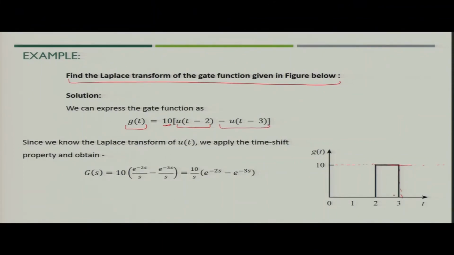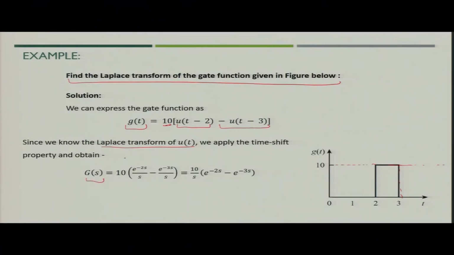So, the function is a combination of two unit step functions, one delayed by 2 time periods and the second delayed by 3 time periods. So, you can now just take the Laplace transform of both of the unit step functions delayed by their respective time periods.